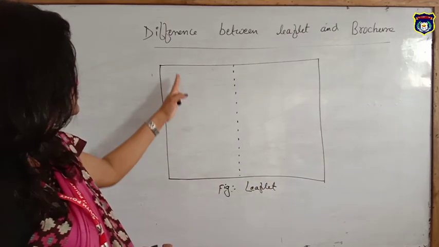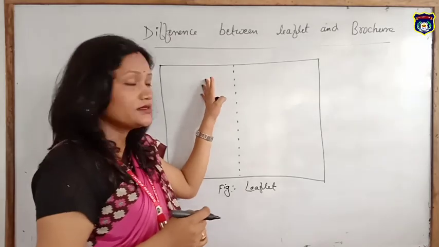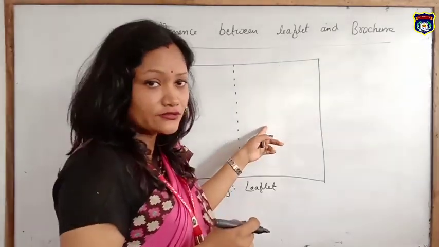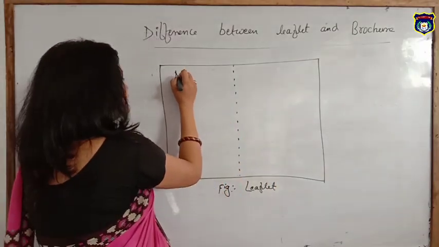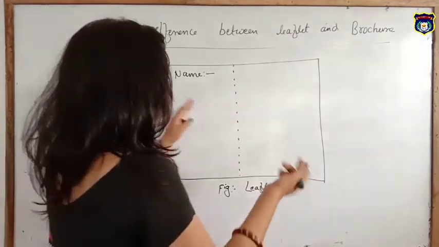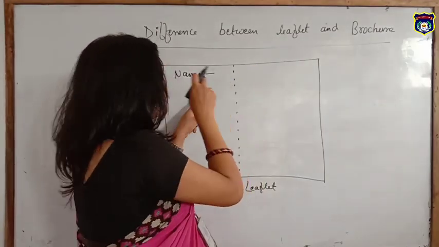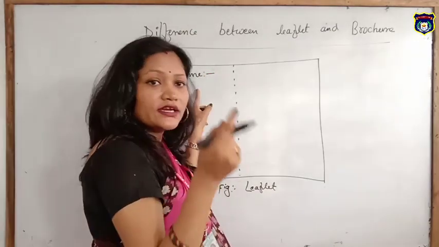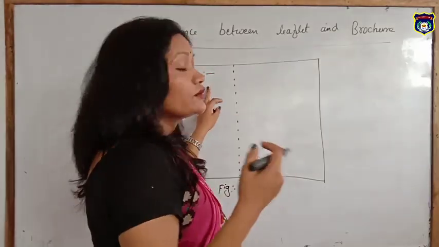Now, what are the basic requirements that we need to fill in so that it is designed as a leaflet? First, the name of whatever you are going to advertise. You may design pictures which must be related to what we are going to advertise or the social awareness we are going to create.